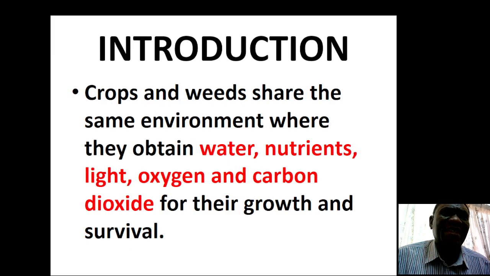You may be aware that crops and weeds share the same environment where they obtain water, nutrients, light, oxygen, and carbon dioxide for their growth and survival.